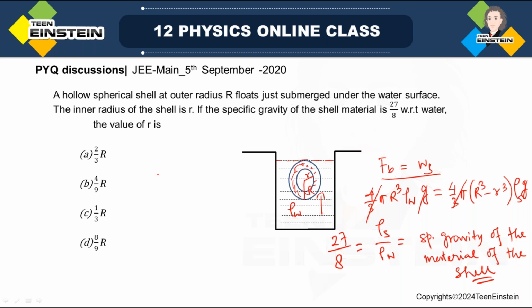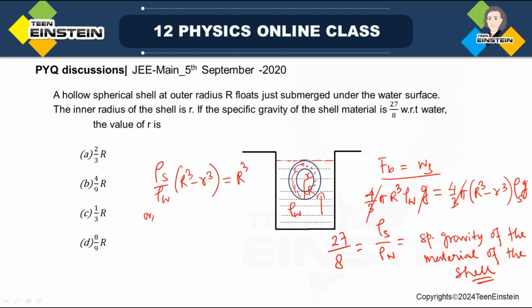This is very nice. Now we have to find out what is small r. Okay, that is the problem. So here I'll put rho s by rho w into R cube minus small r cube is equal to capital R cube. Okay. So this factor I know is 27 by 8.